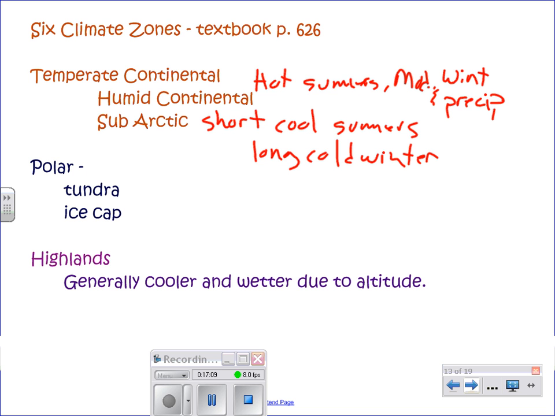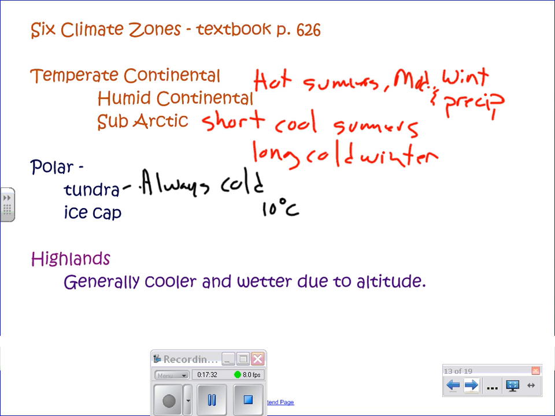Polar, we're going to have two designations of that. Tundra, always cold, cool summers, and the warmest temperature, it never gets very warm, basically. Always cold. It says never above 10 degrees Celsius. Got to do your conversion there.